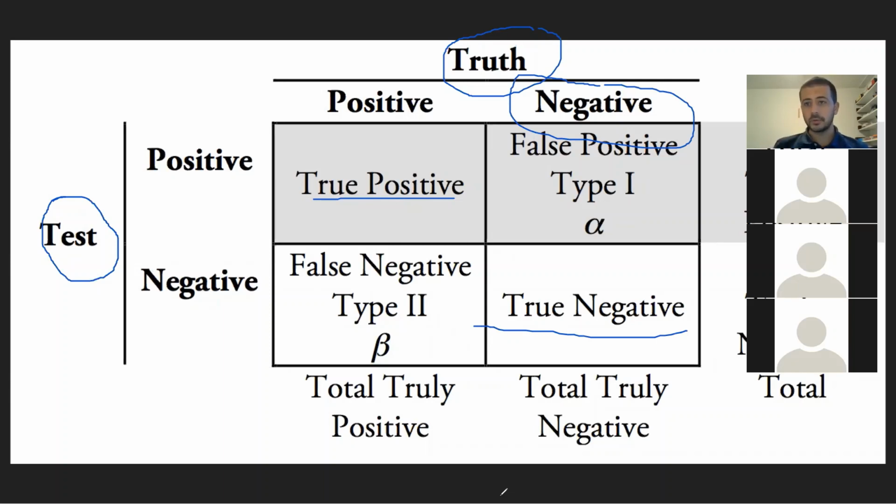What is the error? When does this error happen? For example, when something is actually true, and we can't see it, or we don't believe that it is true, this is called a type 2 error. False negative.